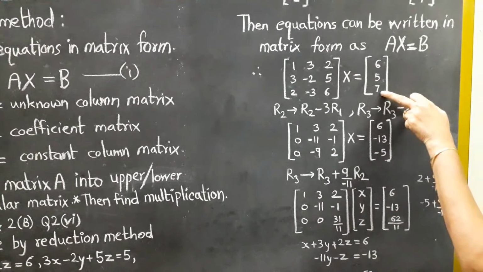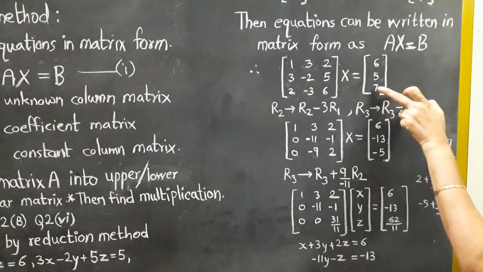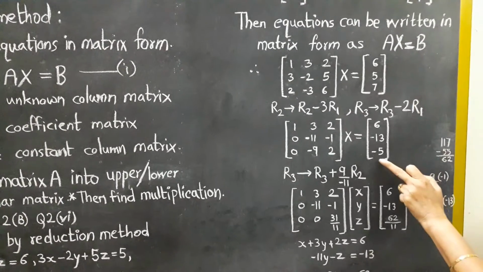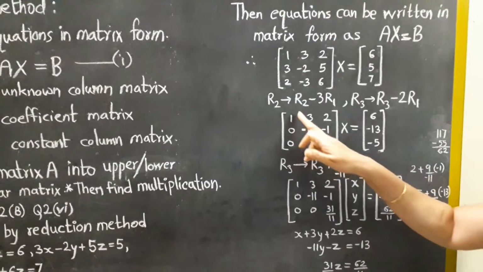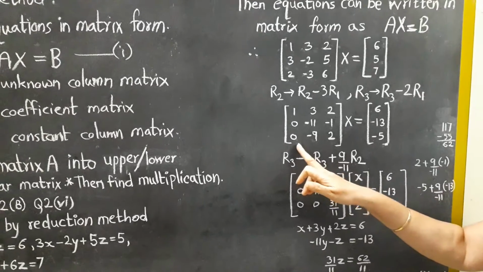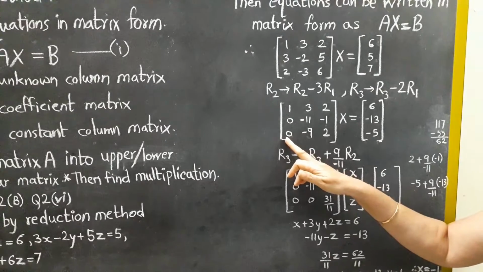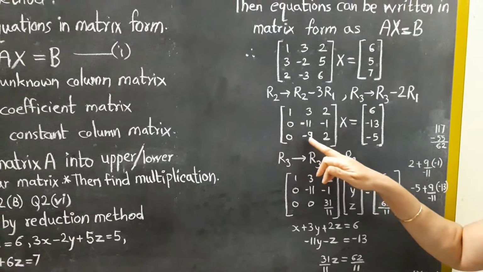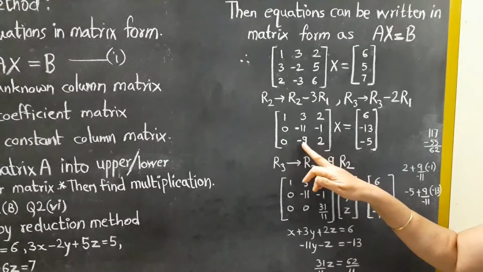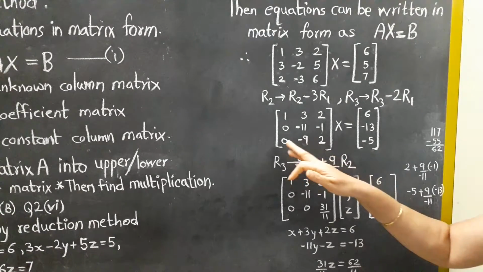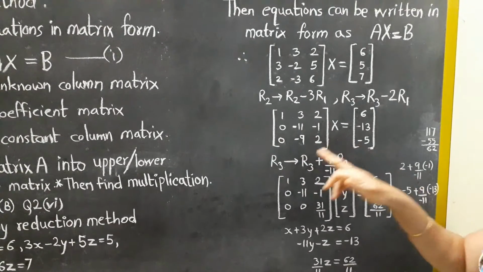And 7 minus 2 times 6, which is 12, so 7 minus 12 gives me -5. So this is the transformation, and now we have completed the first column, in which we got these two zeros. Now it's just a question of getting 0 at this position, and the row we are supposed to change is R3.